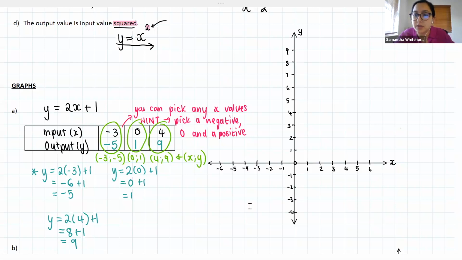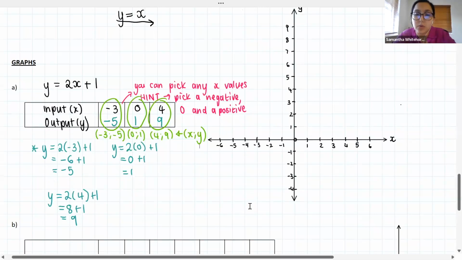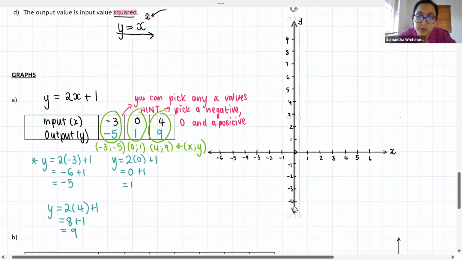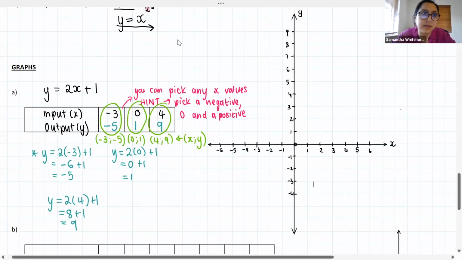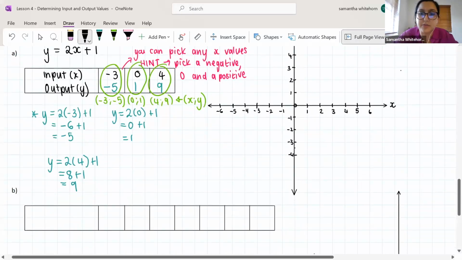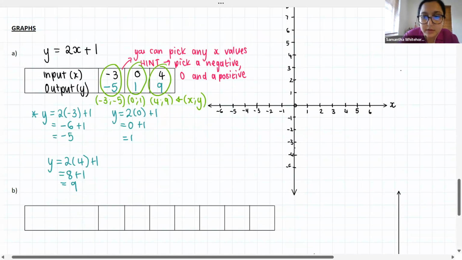So now we can plot these coordinates. If we plot the first one, -3, -5, remember that we start with the x value. We plot where that x value would be.